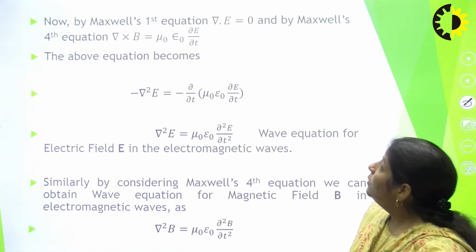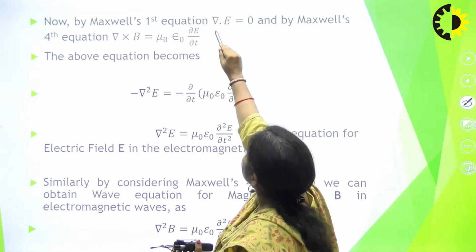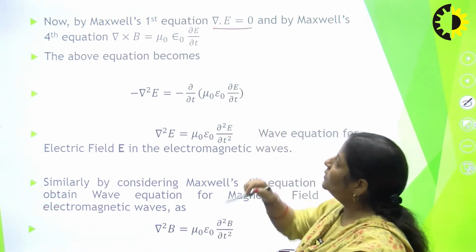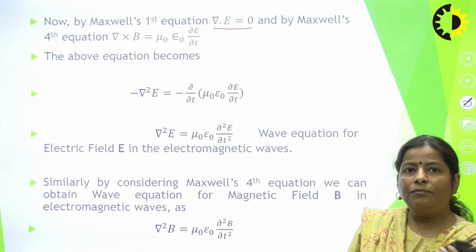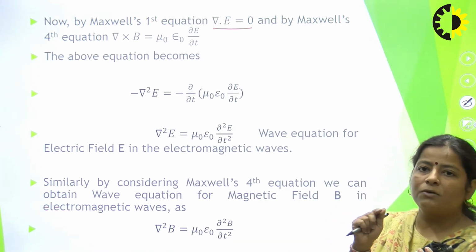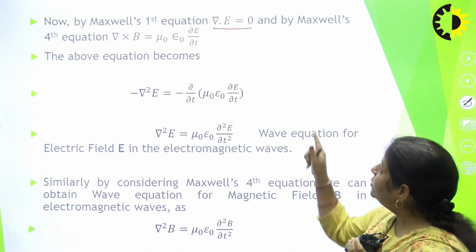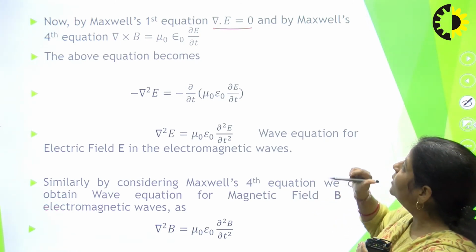We have seen when we were writing Maxwell's equations for free space that the first equation is divergence of E equal to 0. So we will use this part in our calculation.